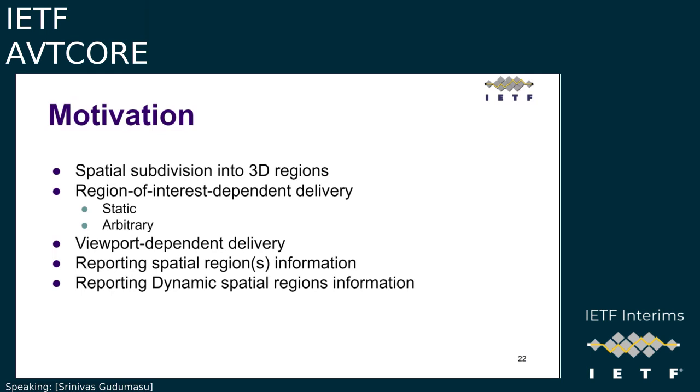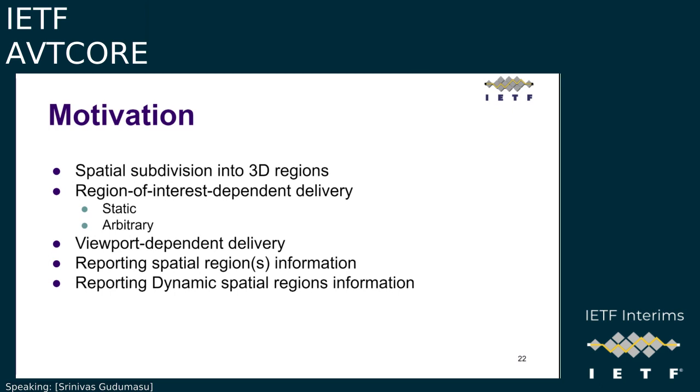So obviously, during the real-time transmission of the immersive media, the 3D spatial regions that we define need to be transmitted to the receiving side, and the receiver can request a portion of the immersive media content based on the region of interest or a viewport-based request.